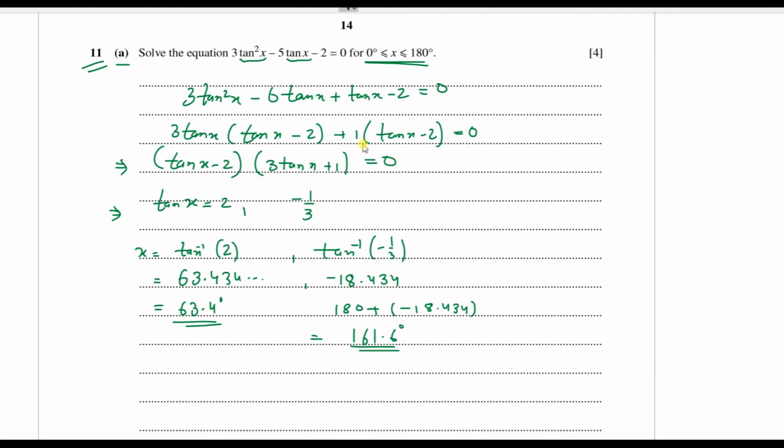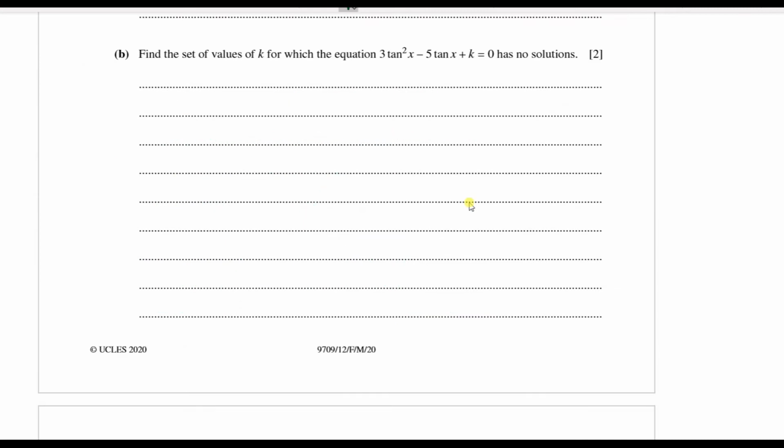The second part is: find the set of values of k for which the equation has no solutions. So we know from the quadratic equation, in order to get no solutions, the discriminant D should be less than 0, and here the discriminant is b squared minus 4ac, that is (minus 5) squared minus 4 times 3 times k. This should be less than 0, or you can say 25 minus 12k is less than 0, or from here we can say that 12k should be greater than 25.